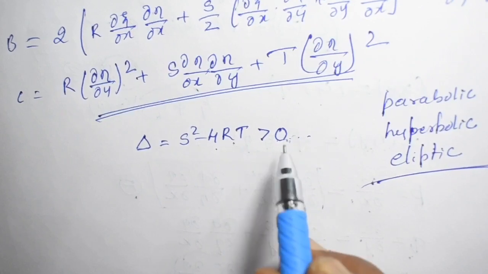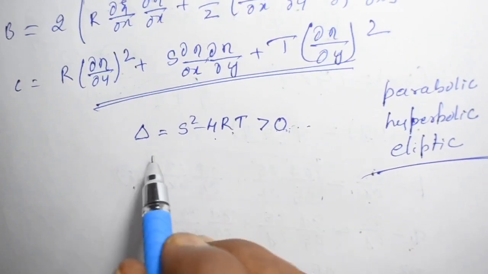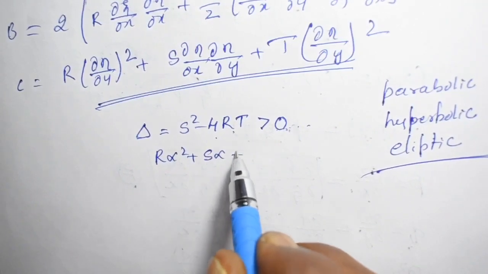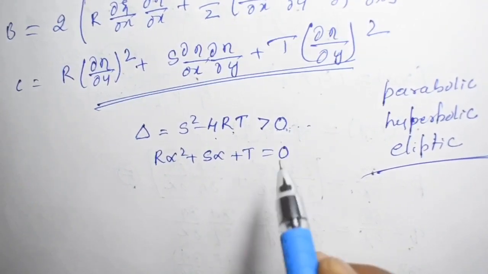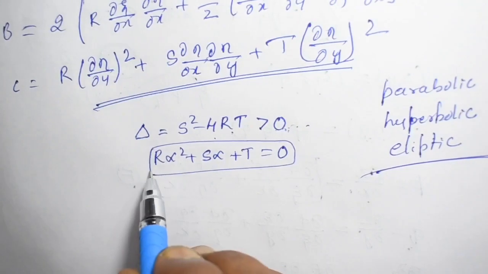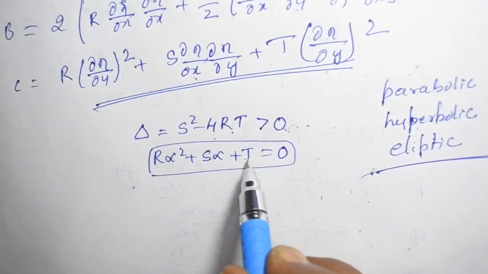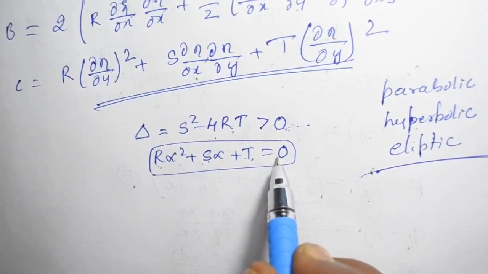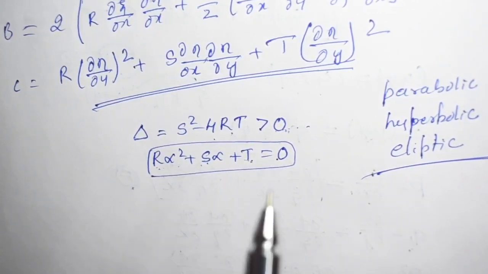In this case, the roots of the quadratic equation r alpha square plus s alpha plus t is equal to 0, which is the quadratic equation with the help of the coefficients of the second derivatives r, s, t, are real and distinct.